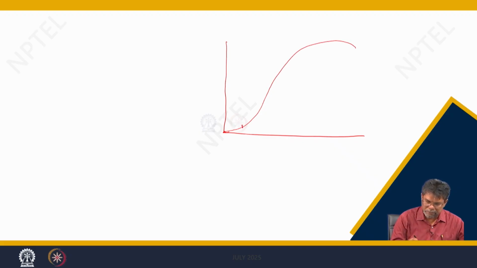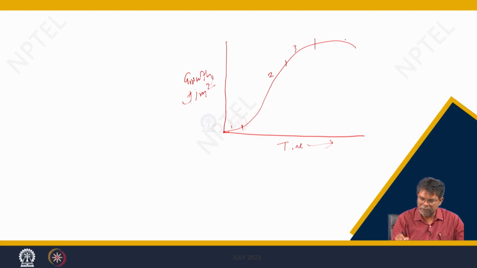This is the lag phase, this is the time, and this is the growth, in quantity, which I can measure in gram per meter square. This is phase 1, phase 2, phase 3, then the plateau, phase 4 and phase 5.